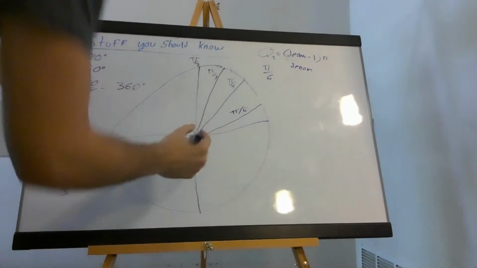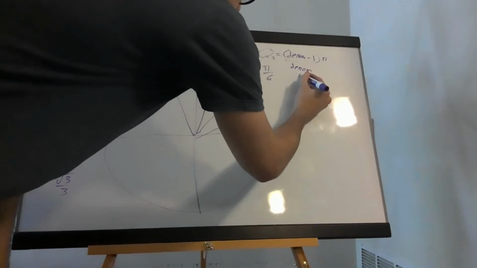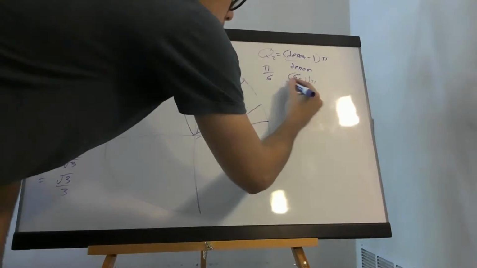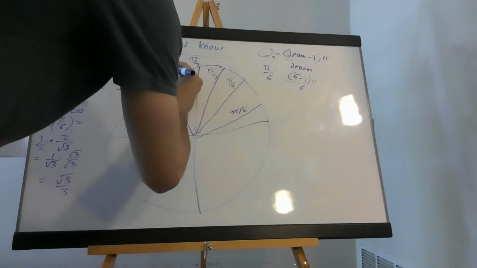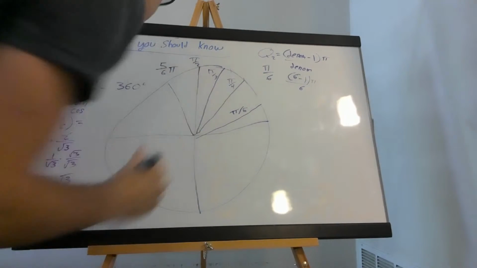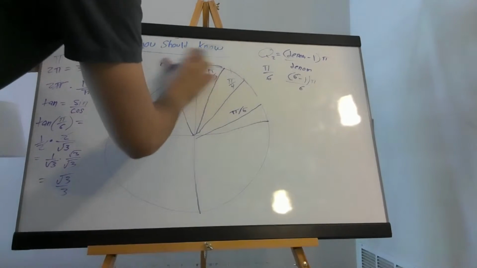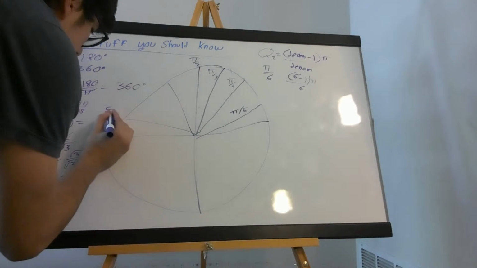So what I'm basically saying is 6 minus 1 times pi divided by 6, and that's going to give us 5 over 6 pi. But it's actually going to be down here because we have to reflect the values.